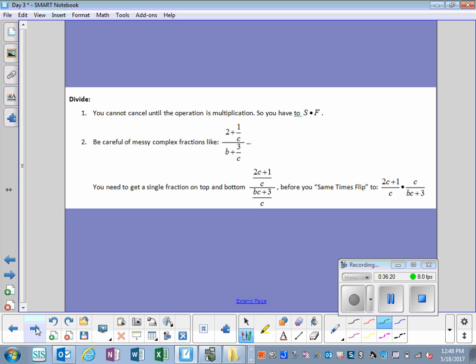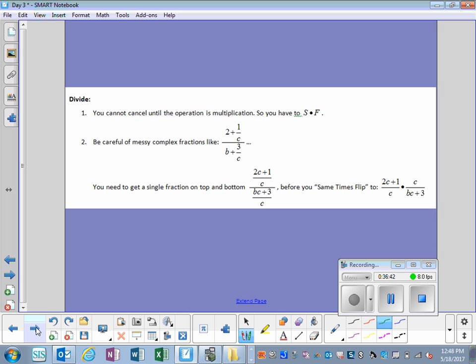Division and complex fractions. So division by a fraction is the same as multiplication by the reciprocal, right? So every time I see a division problem, the very first thing that I want to do is rewrite it as a multiplication problem, and I don't forget to flip the second fraction. And then I do the same thing as before.